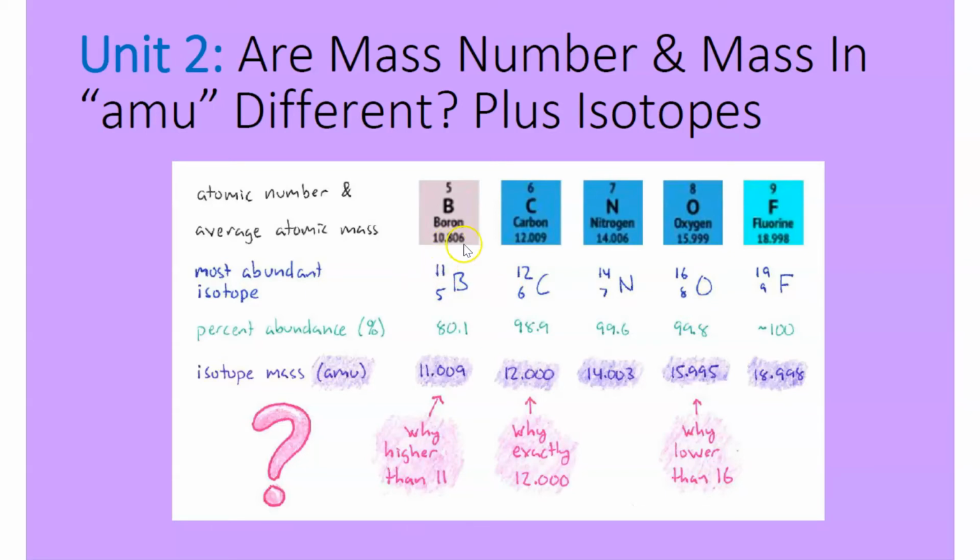See, 10.806, 11, 12.009, 12. And what else? Also, we are going to look at what's called percent abundance. That will just tell you what percent of, for instance, nitrogen in the universe is the isotope N14, 99.6. So there's another 0.4% that's still nitrogen, but different isotopes of nitrogen.